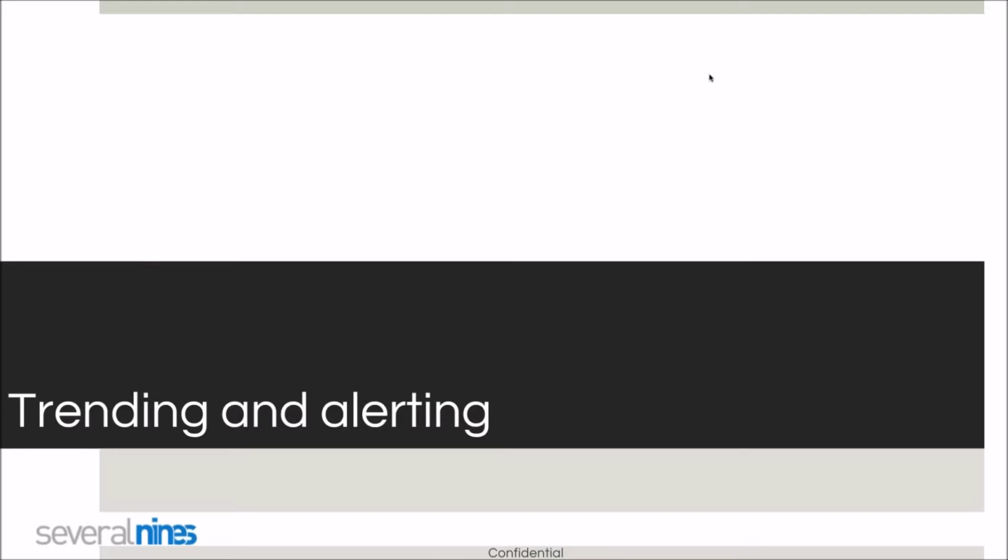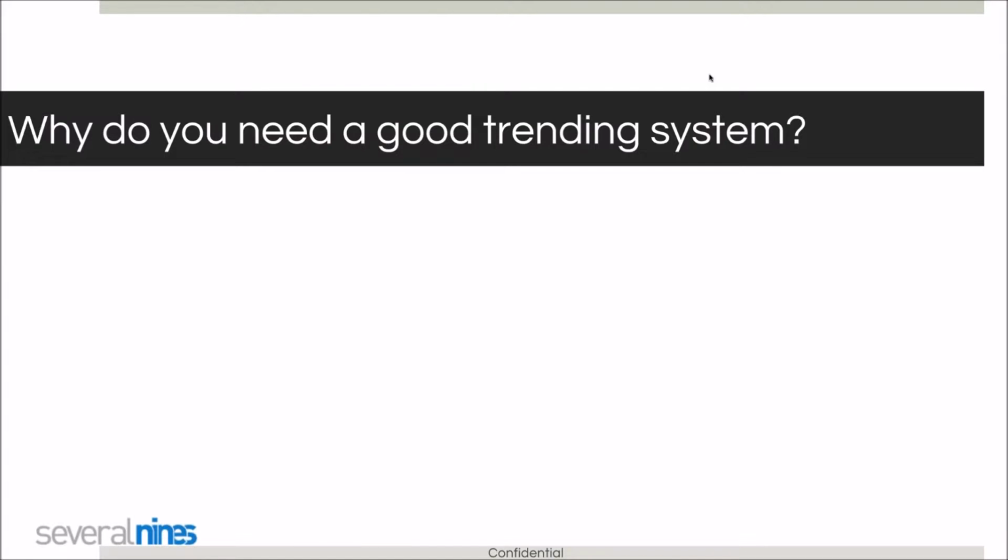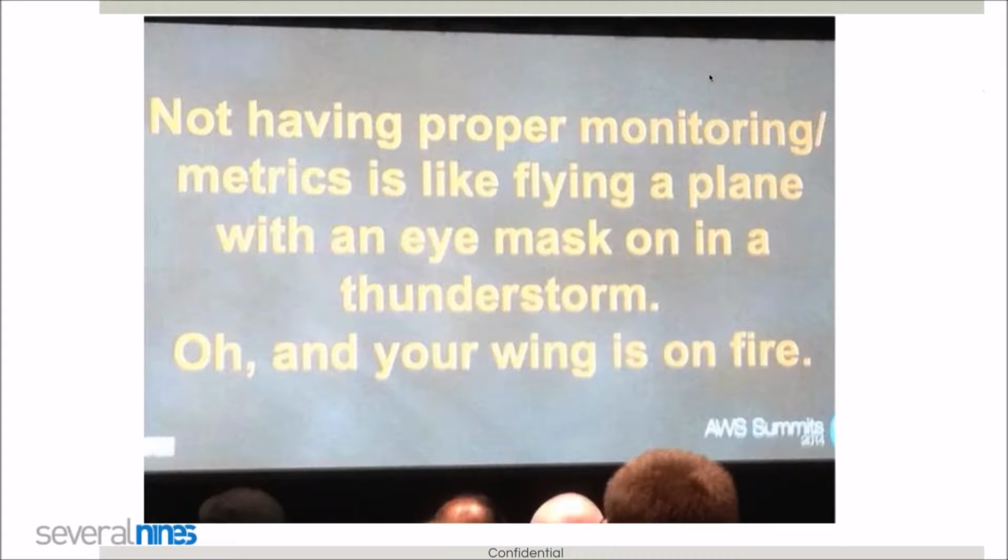So trending and alerting. First of all, why do we actually need a good trending system? This picture kind of describes why you really want to have a proper monitoring system, because you don't want to end up without knowing what is going wrong until your database cluster all of a sudden crashes and you have an outage of your database cluster.